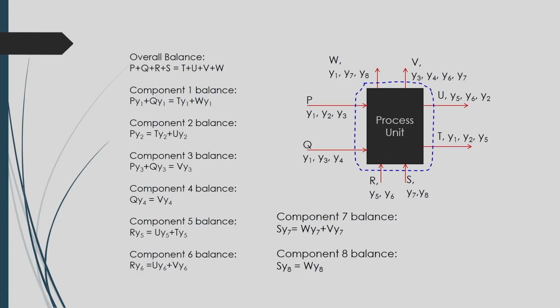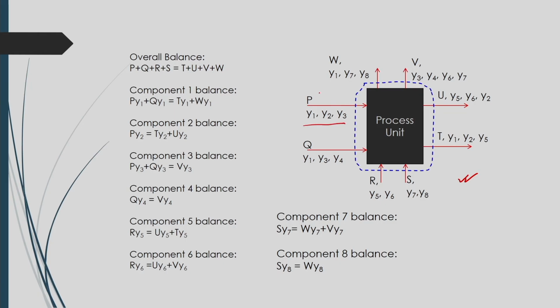Let us do an example, showing this process unit, where the material balance can be written. In this case, suppose this process unit has 4 inputs and 4 outputs. The inputs are P, Q, R, S, and the outputs are W, V, U and T. In all these process streams there are some compounds, 1, 2 and so on, I think 7 or 8 compounds in total.